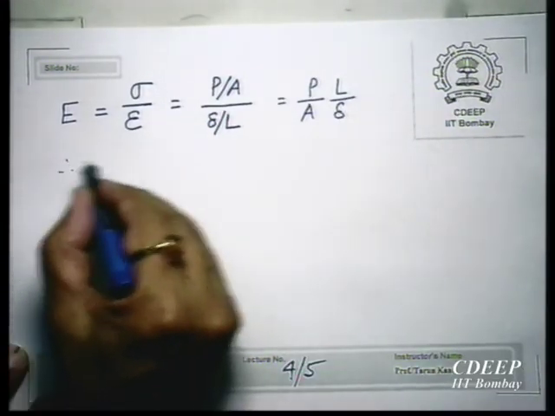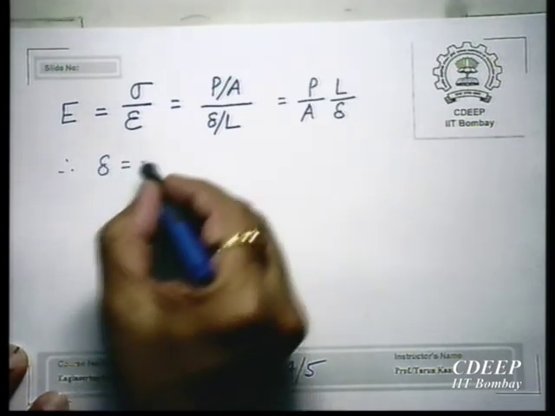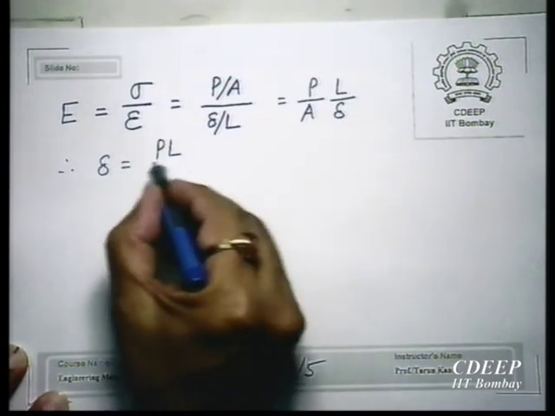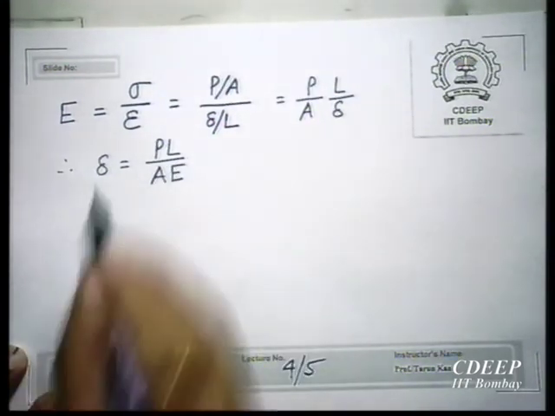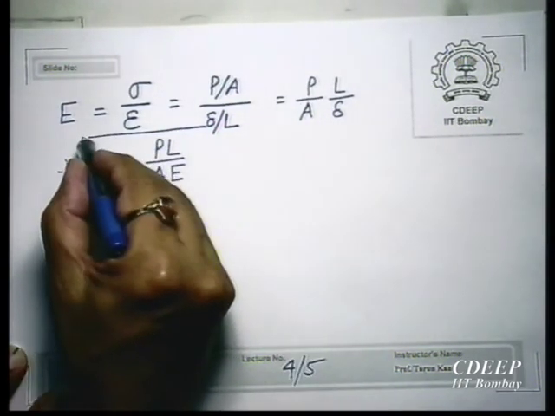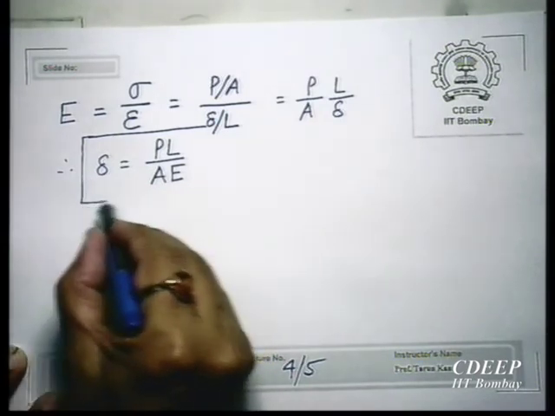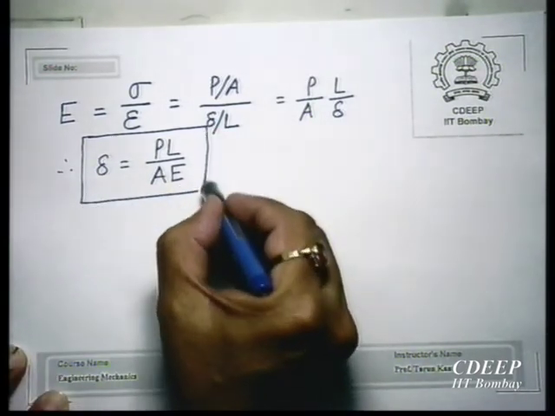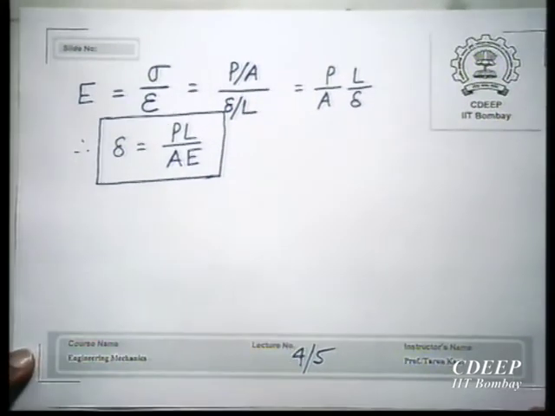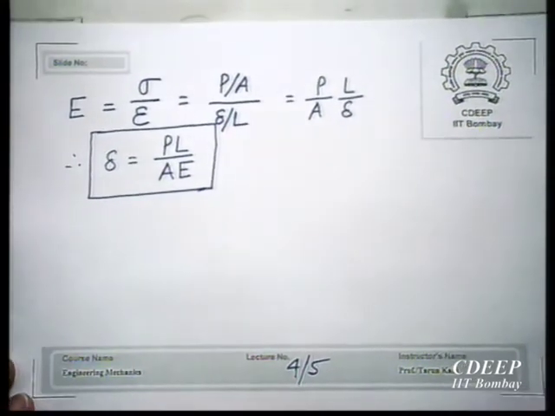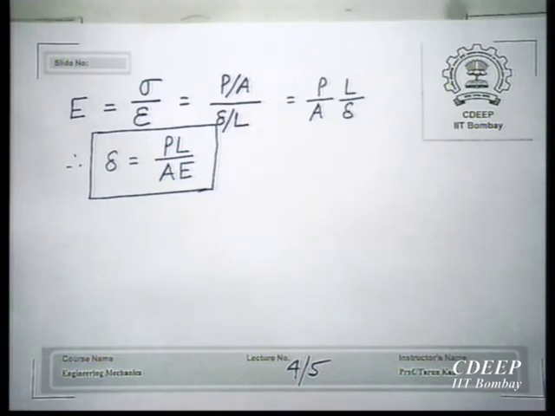And therefore, we have got a simple formula which will give us the deformation of a rod which is subjected to an axial load. P can be compression or tension.